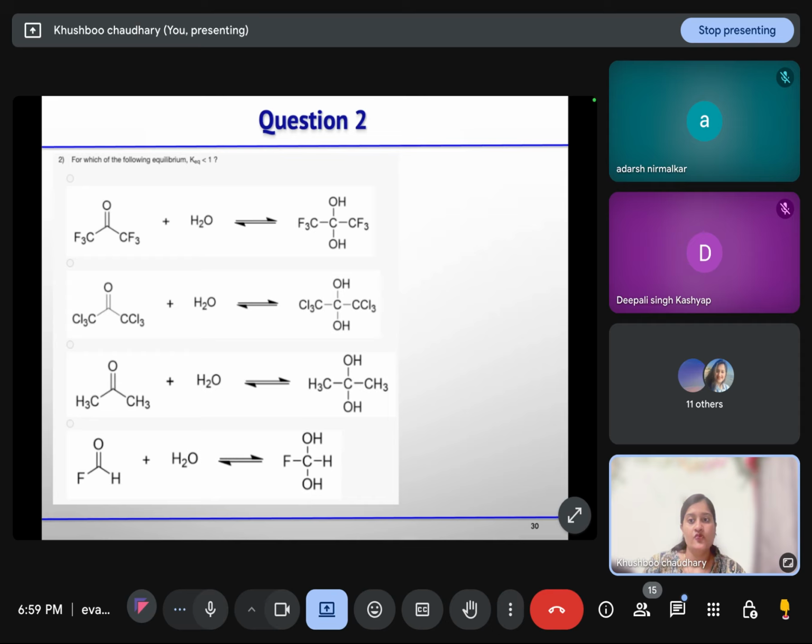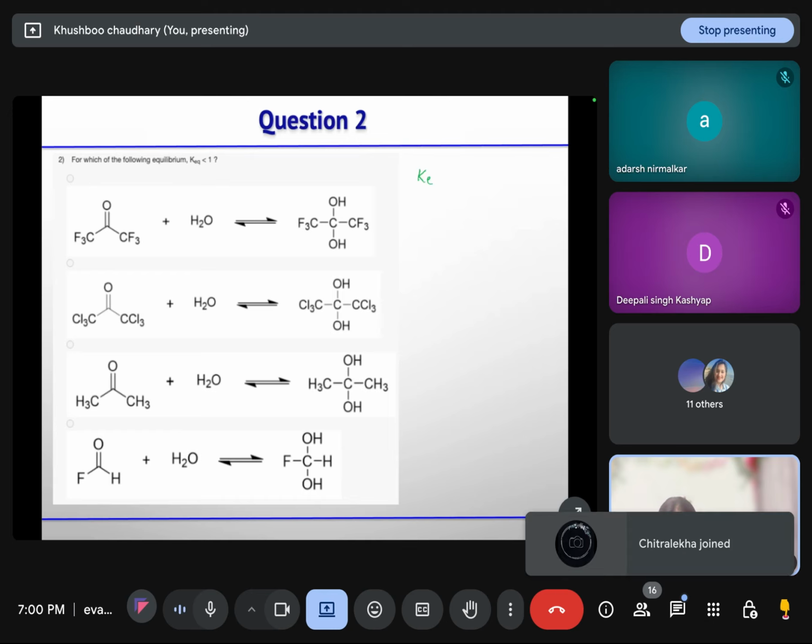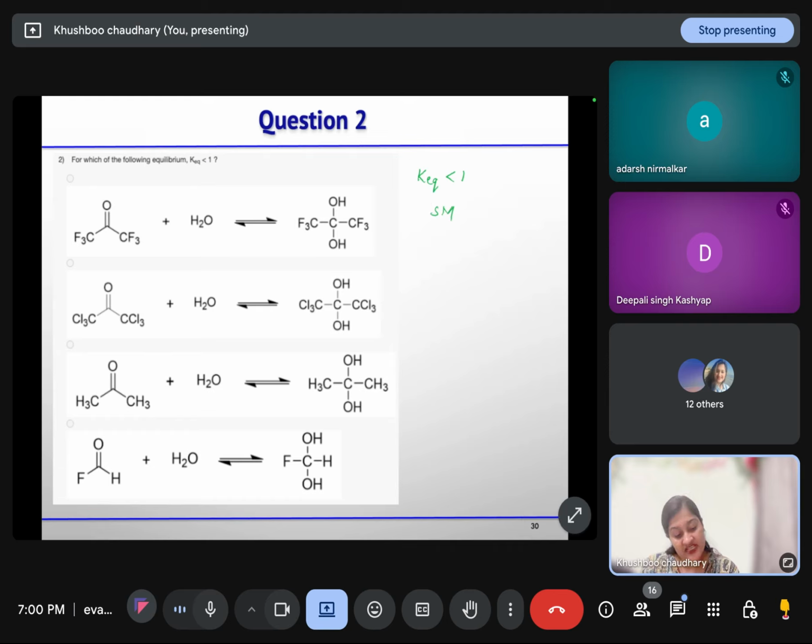Then, for which of the following equilibria is K equilibrium less than 1? So you have carbonyl compounds and you are adding water to form acetal or ketal. Now you have to tell in which of these cases K equilibrium is less than 1, meaning which of these will favor the formation of starting material rather than product.